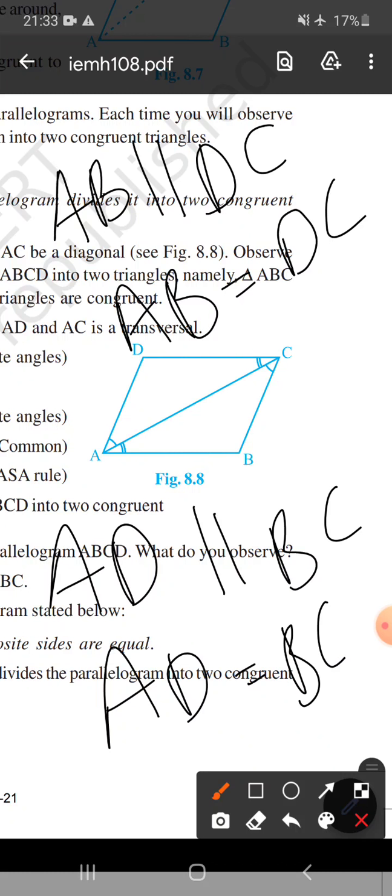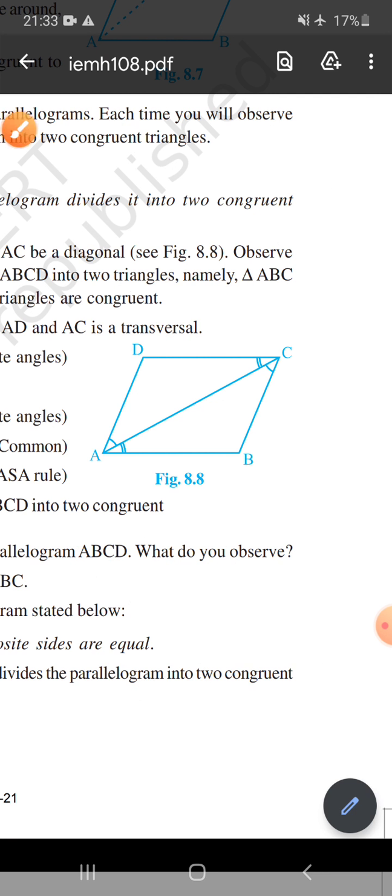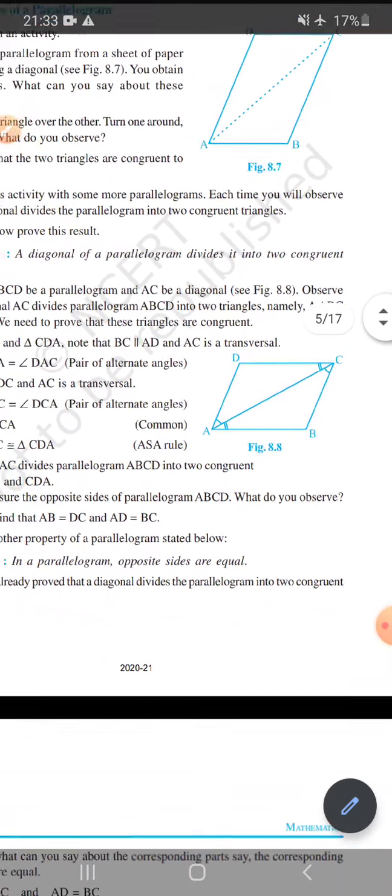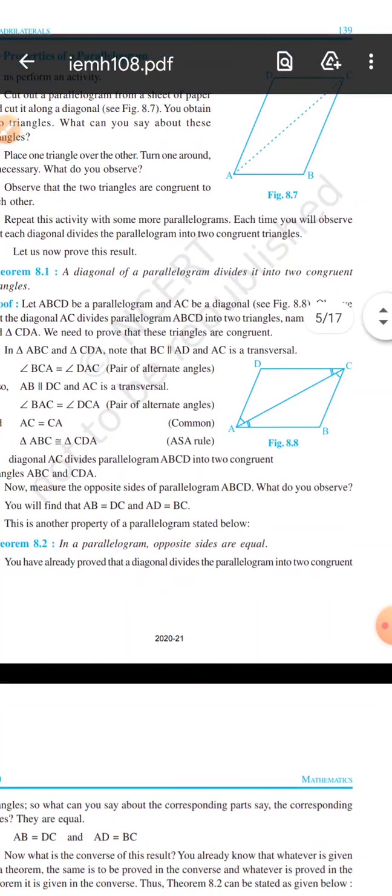Now, while proving the congruency, we'll consider these two triangles, that is triangle ABC and triangle ADC. Right? We'll select triangle ABC and ADC or CDA. So these two triangles, you can see that.